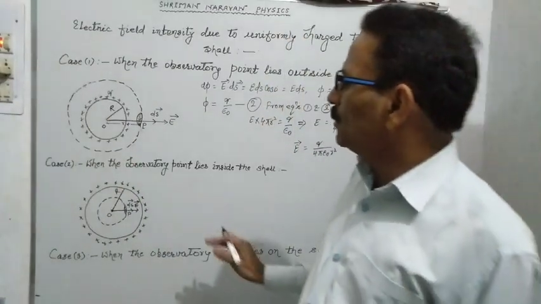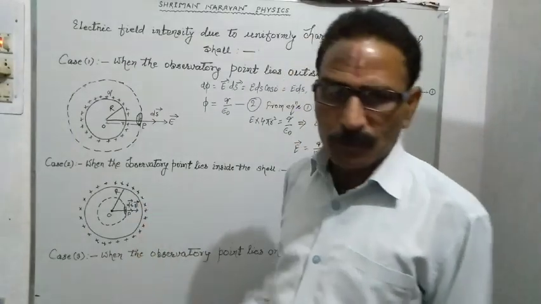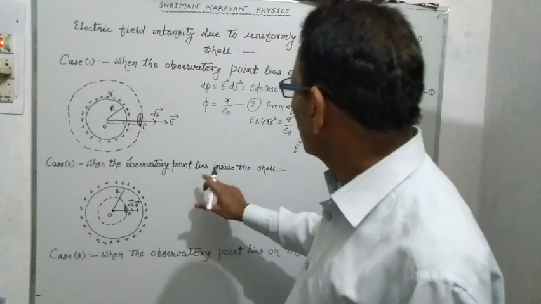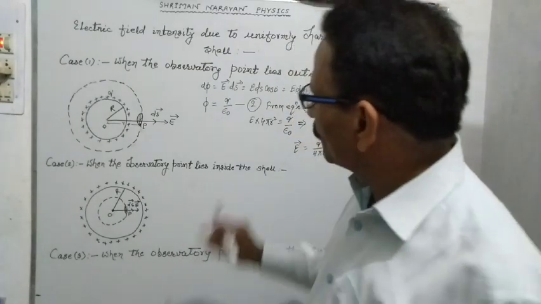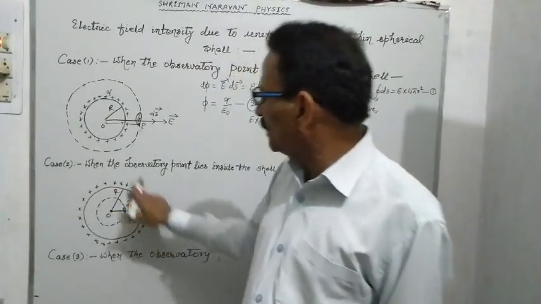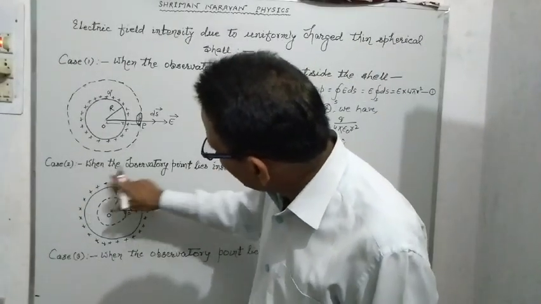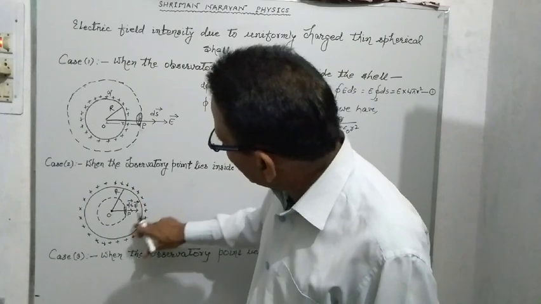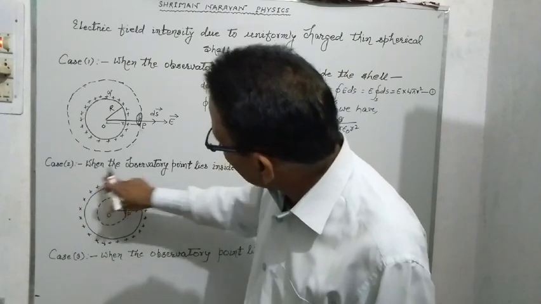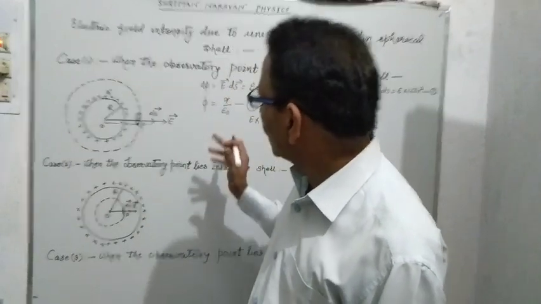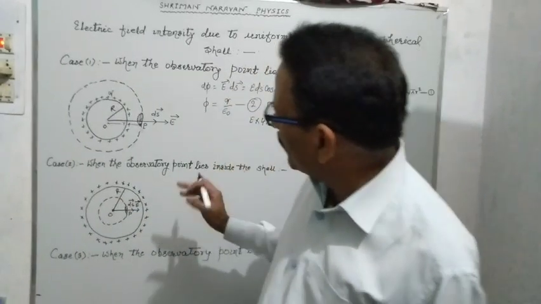Now we want to discuss case 2, when the observatory point lies inside the cell. You can go through this figure. This figure is representing the spherical charged thin cell, and our supposition is similar.